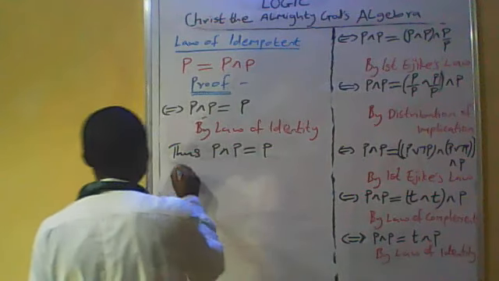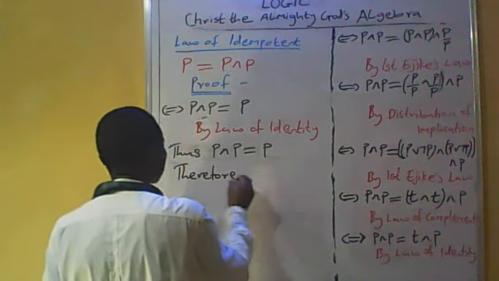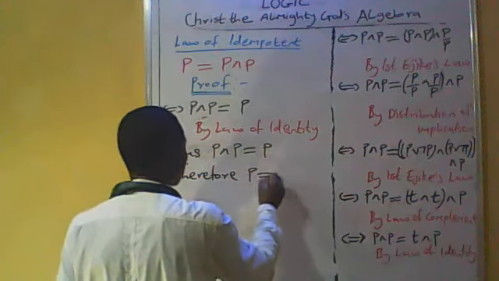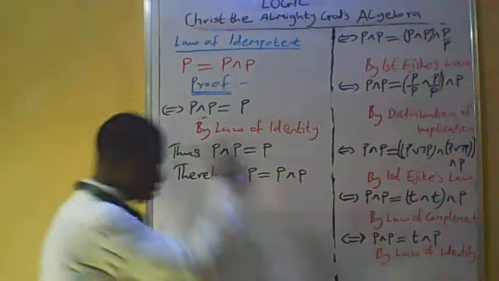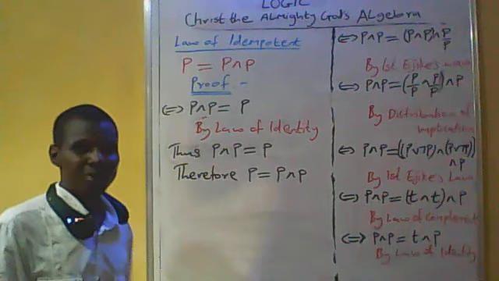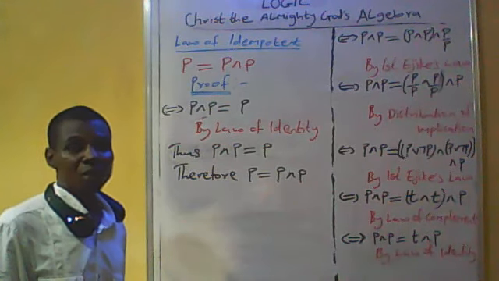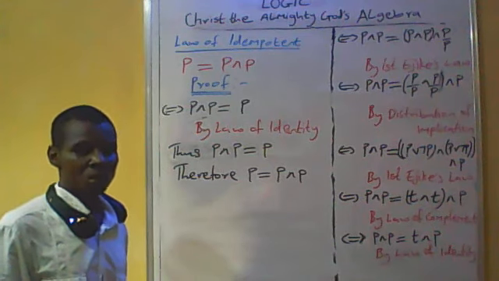Therefore P is equal to P and P. That is the law of idempotence. So we have now proved that the law of idempotence exists in conjunctive statements.